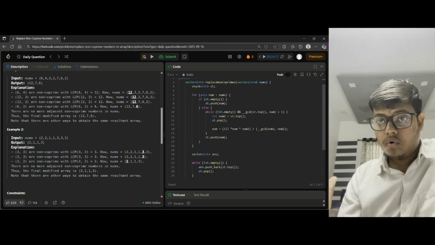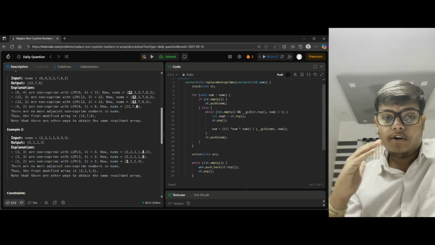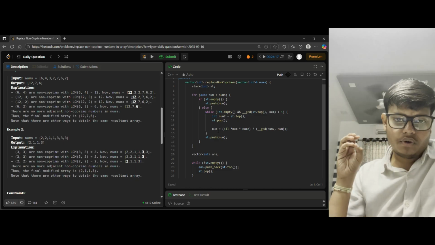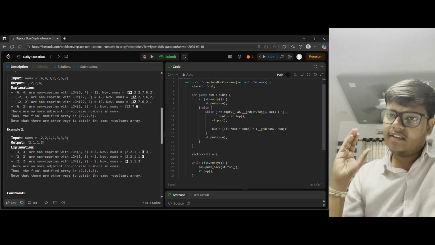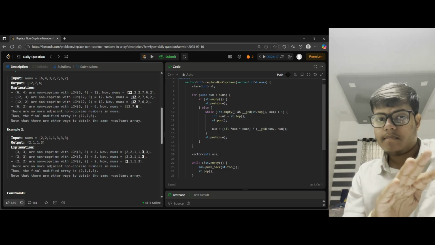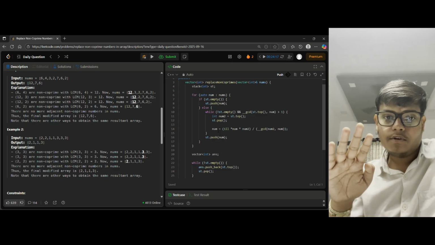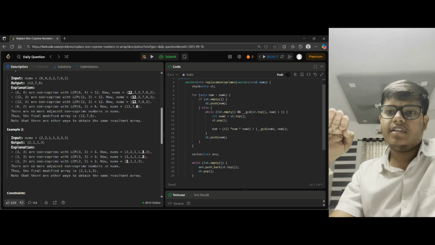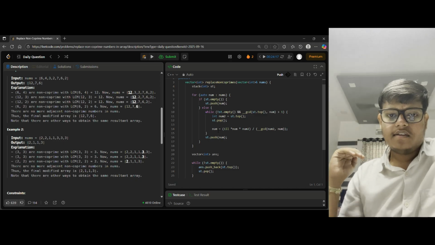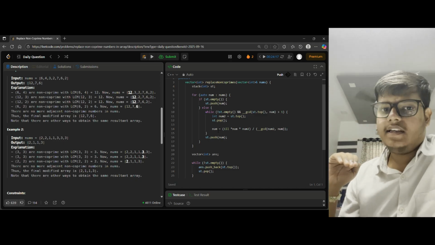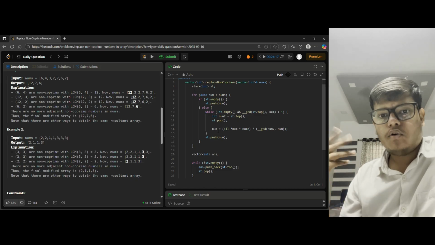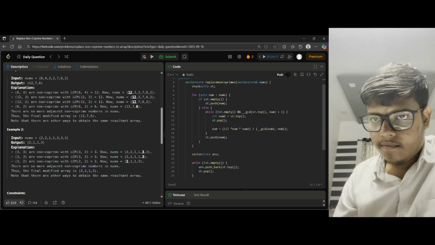If no, we again have to pop out the number, calculate the LCM and assign it to num, so we can compare with the top of the stack for whether the GCD is 1, so coprime or not, right?